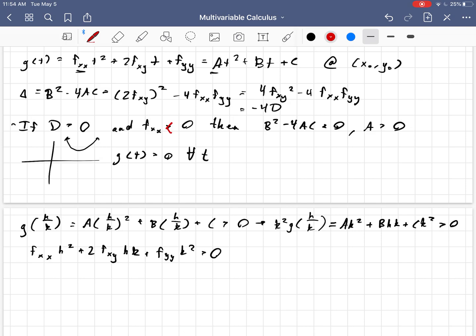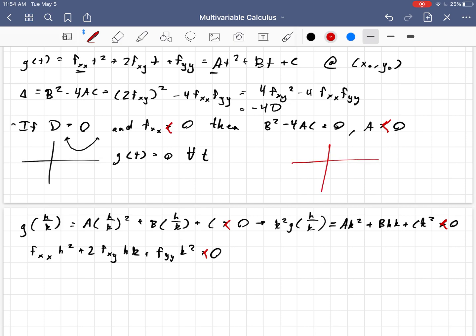We would just assume it to be less than 0, and then the b squared minus 4ac we would also assume to be less than 0, and so that means that a would be greater than 0. And then right here we would just have a flipped inequality sign, and then right here as well, and then likewise here as well. And so that also takes care of case 2.